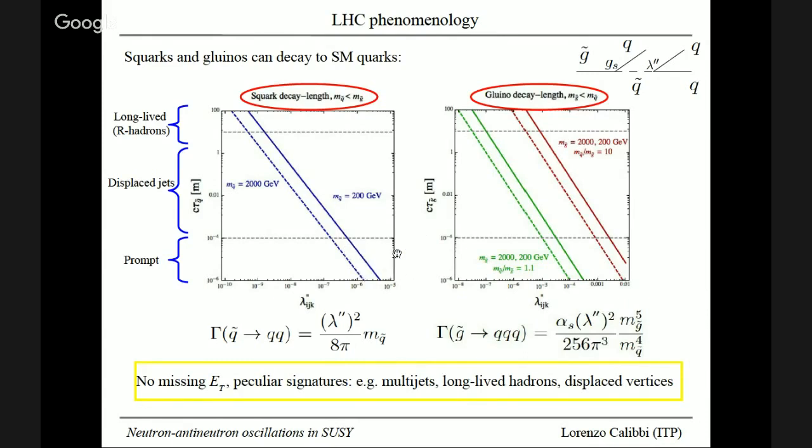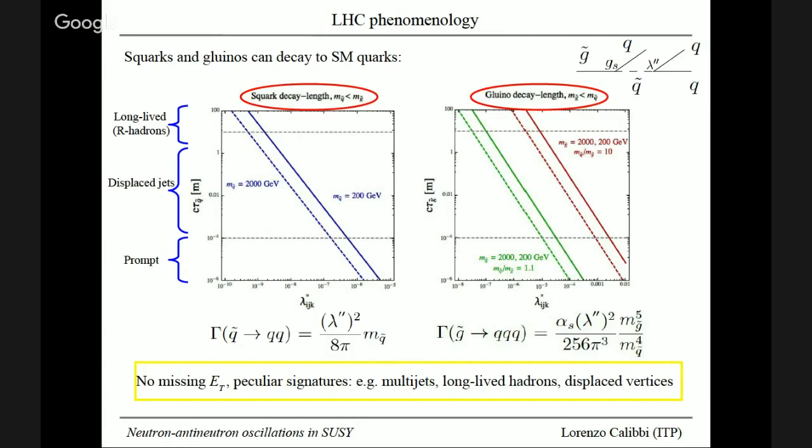So the two jets will appear as coming from the interaction point. While if we lower this coupling, the squark gets more and more long-lived and gives rise more likely to displaced vertices.